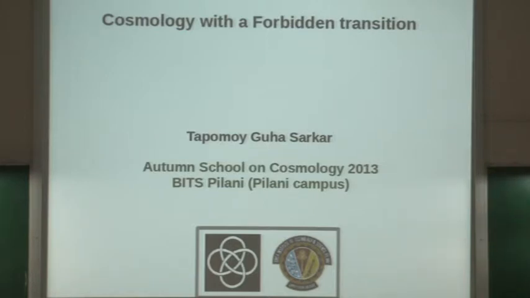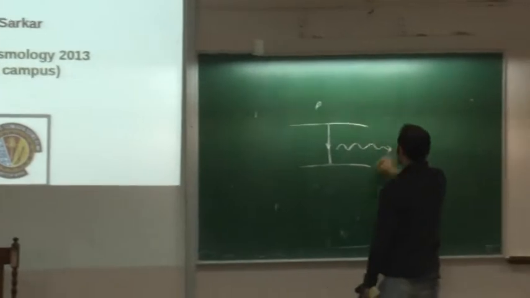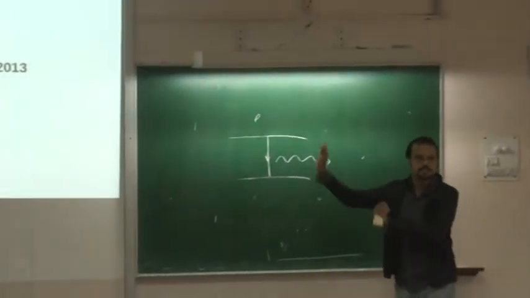Say from one energy level to another, there is a transition. The simplest, the most generic form of all processes has 2 levels, and you have a transition, right? When is this forbidden?